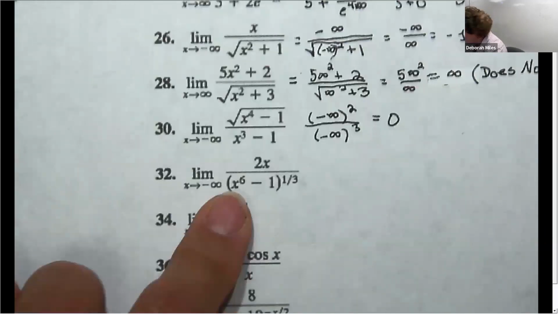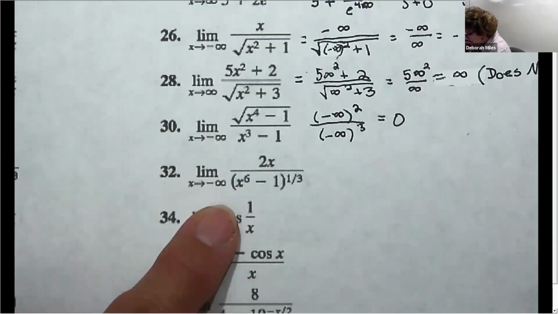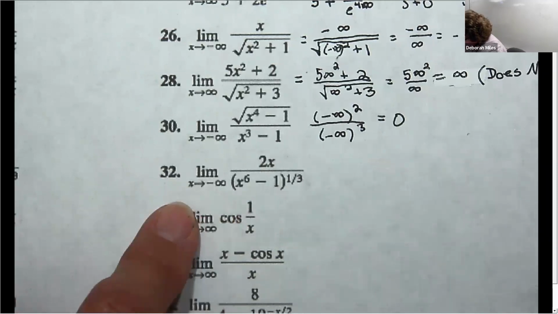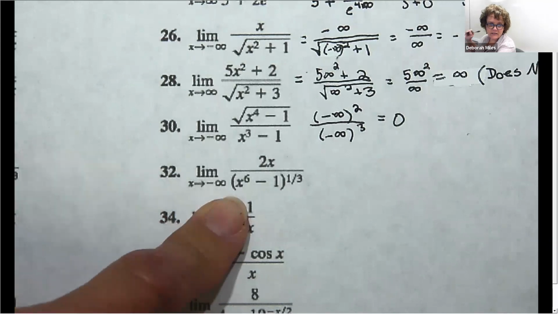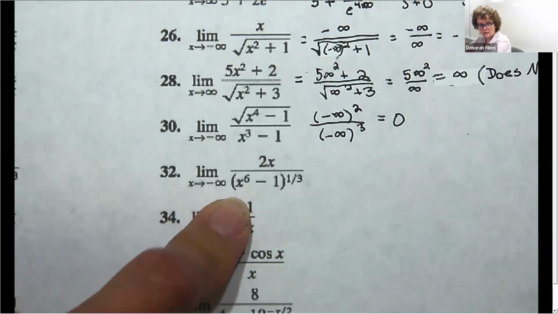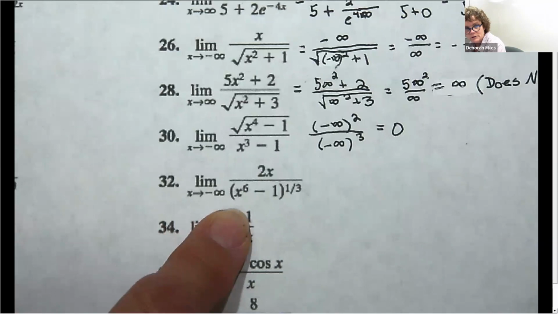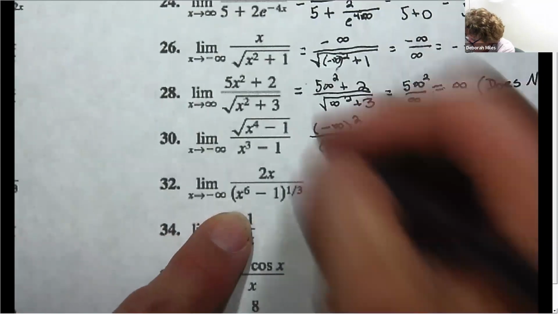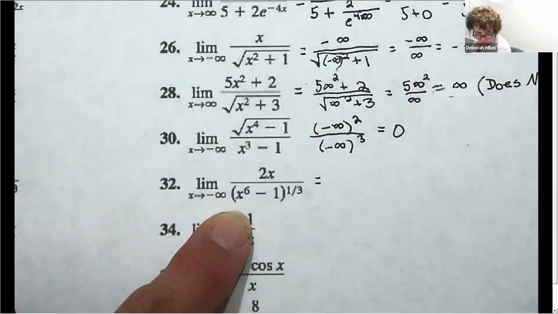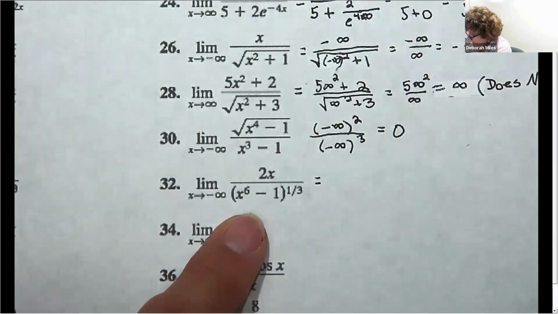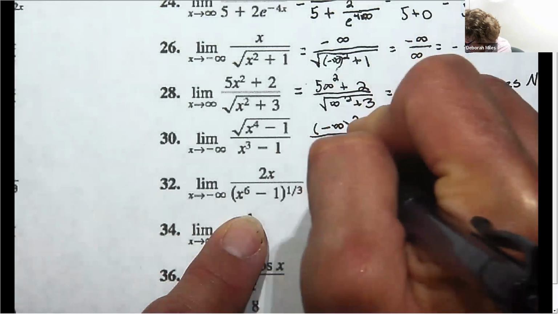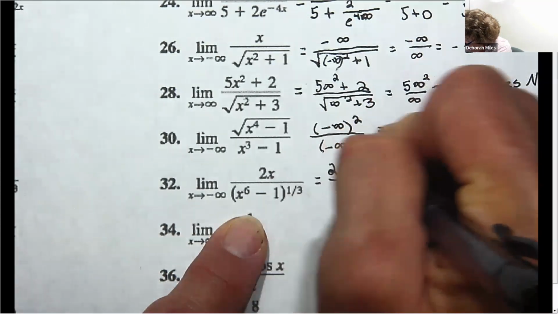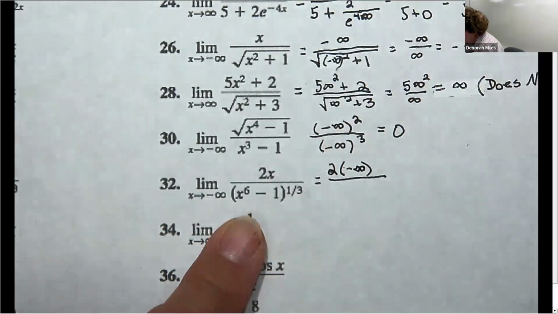All right, 32. Limit as x goes to negative infinity of 2x divided by (x to the 6 minus 1), the quantity cubed, or to the 1/3, which is the same as cube root. What's the degree of the numerator? So that's like 2 times negative infinity over, what's the degree of the denominator?